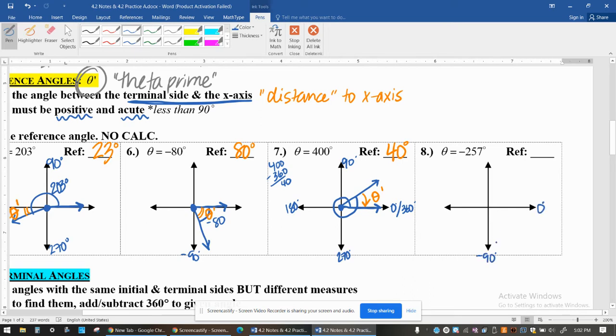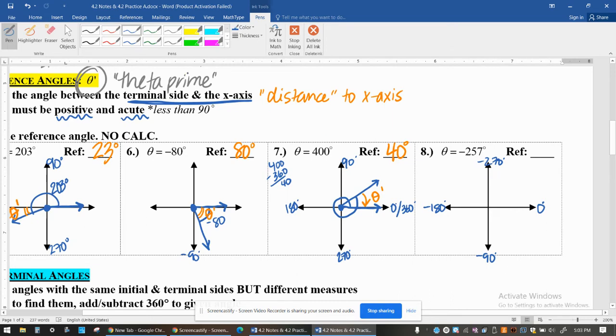Okay, we've got negative 90, negative 180, negative 270. So negative 257 is closer to 270 than 180, but we need to know how much past the 180 so we could draw it, right?